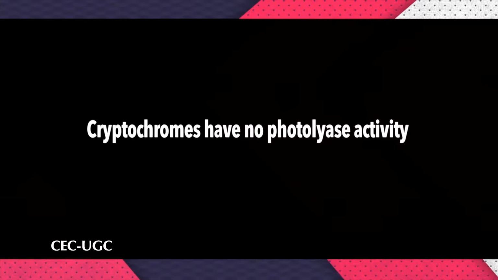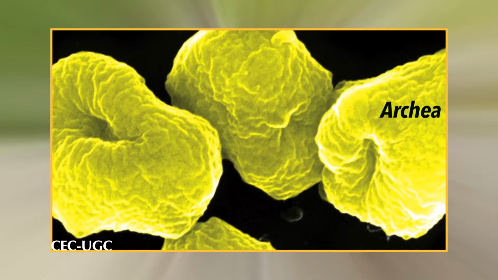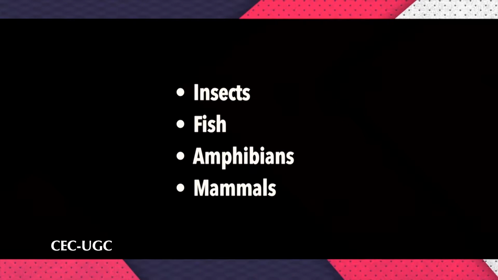But in spite of sequence similarity to DNA photolyases, cryptochromes have no photolyase activity. Cryptochromes are widely distributed in bacteria and eukaryotes, but absent in archaea. Quite recently, they have been found in various animal lineages, including insects, fish, amphibians, and mammals.